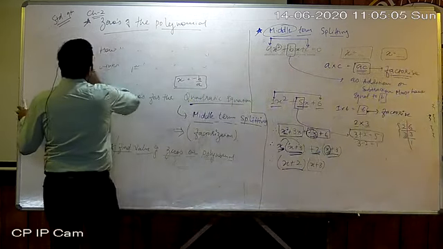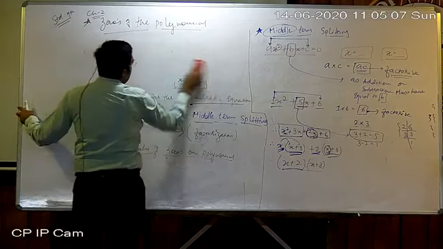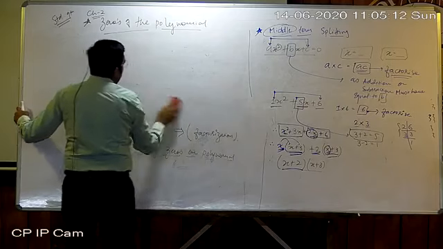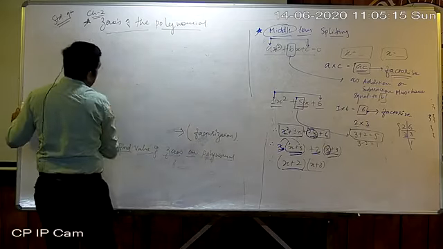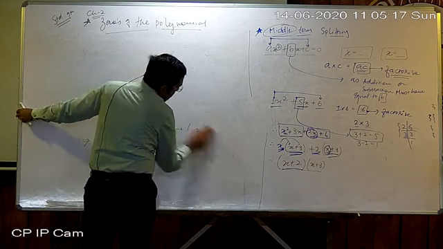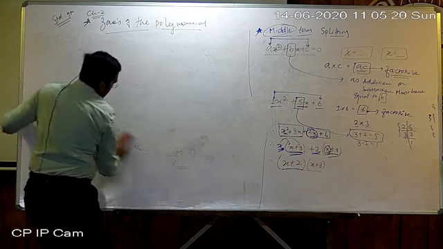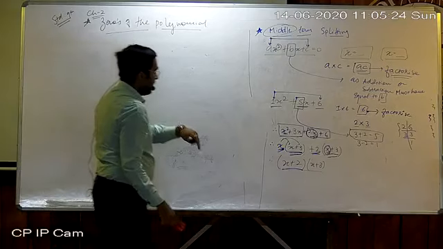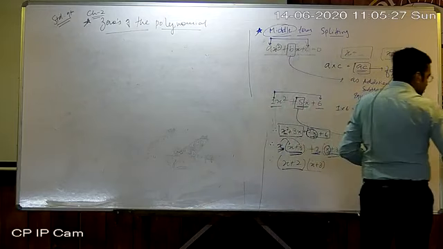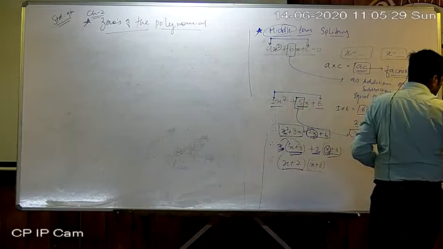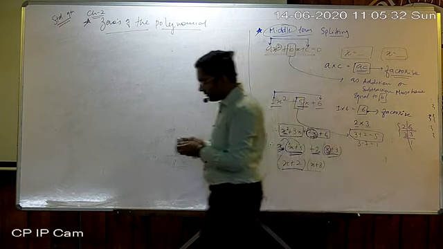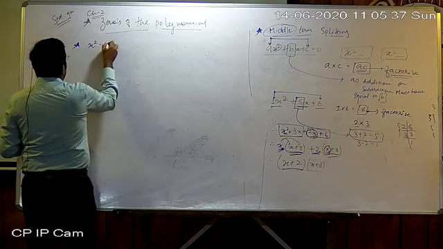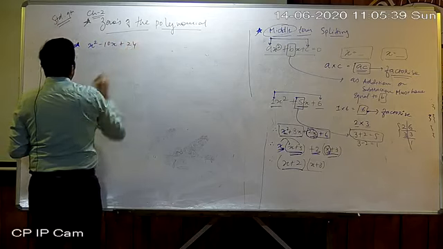Now we go to some other example to factorize by middle term splitting. Now we see one more example, that is x square minus 10x plus 24.